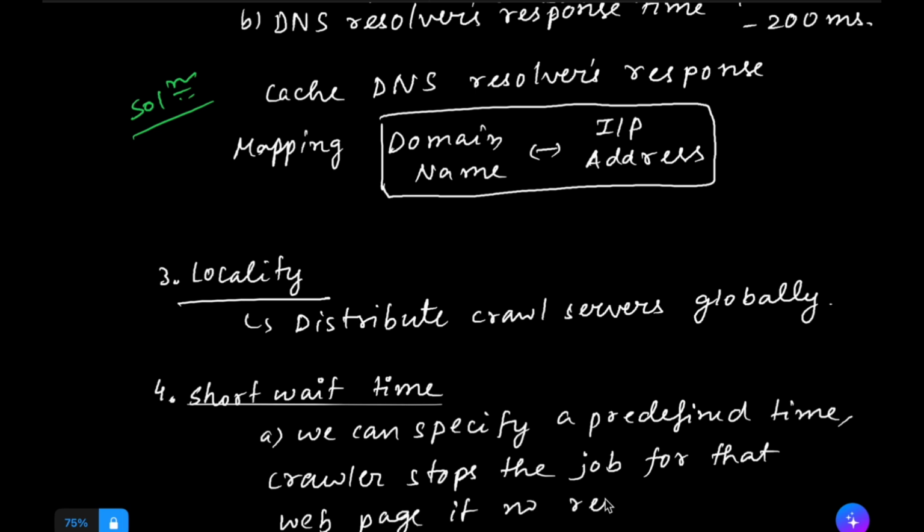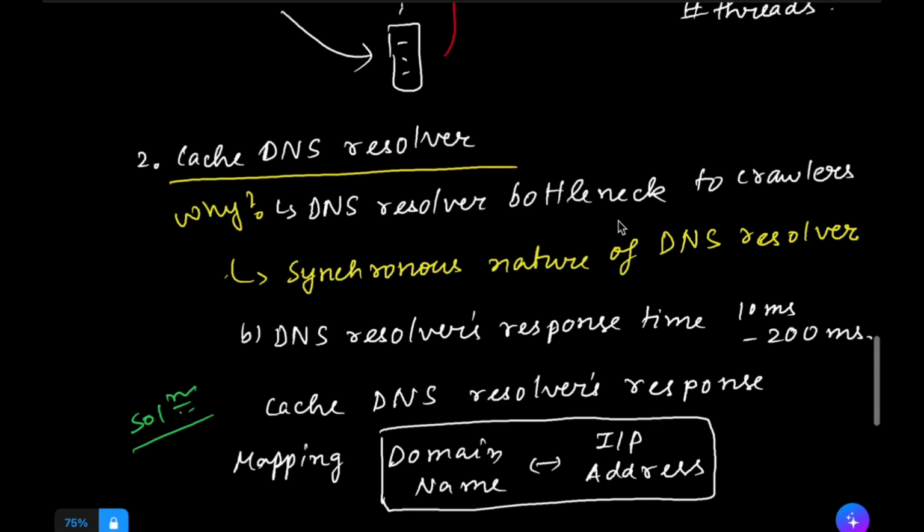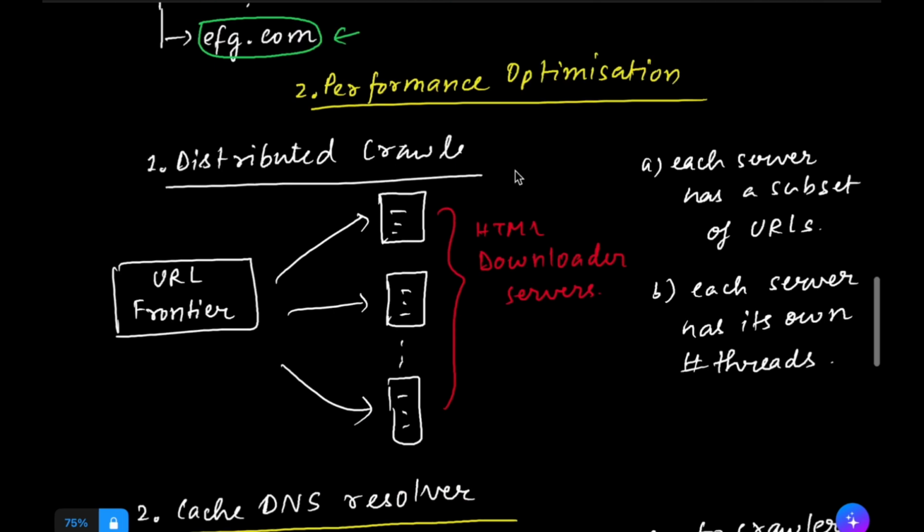Got it? So these are some of the methods which we can follow to optimize: short wait time, locality, caching the DNS resolver's response, and distributed crawl. These are features which we can use to optimize the performance of our HTML downloader.